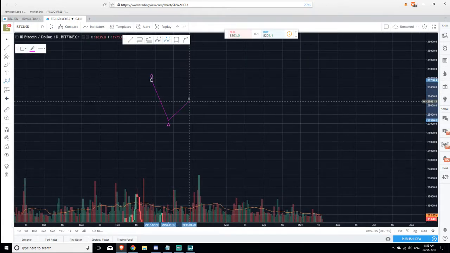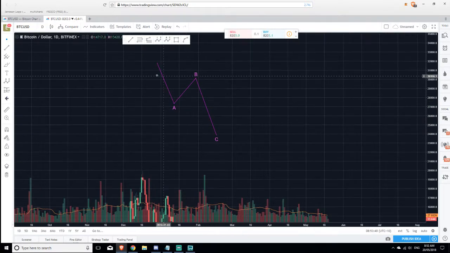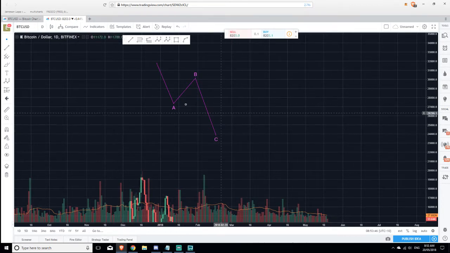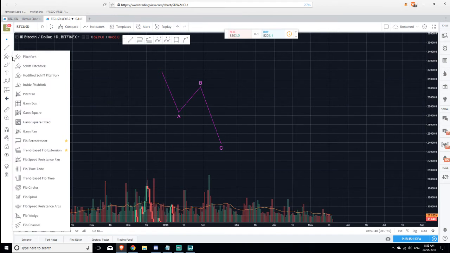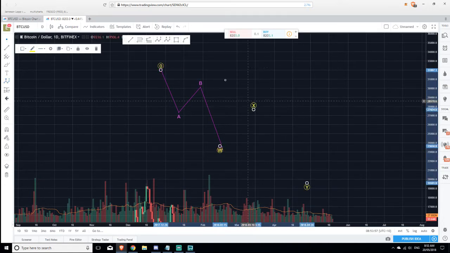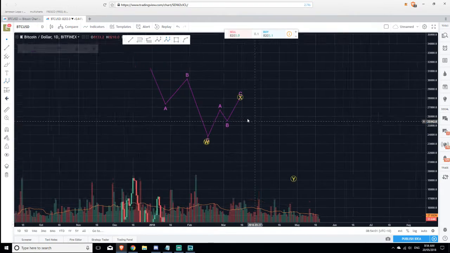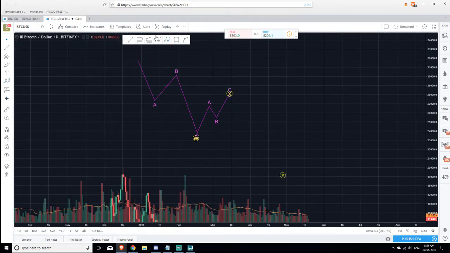When I was talking about the ABC, that is a classic zigzag, so 5, 3, 5 inside of there. Usually after an ABC, price will attempt to break out. Usually it works, but sometimes it fails. When that fails, we call this a WXY, X denoting wave failure. So it'll do something like this. It'll do another ABC, after which it'll do another ABC down, a larger degree ABC.